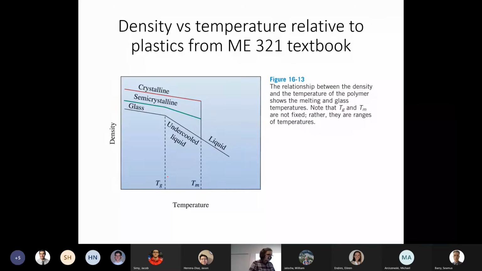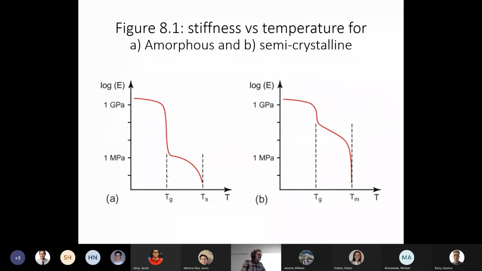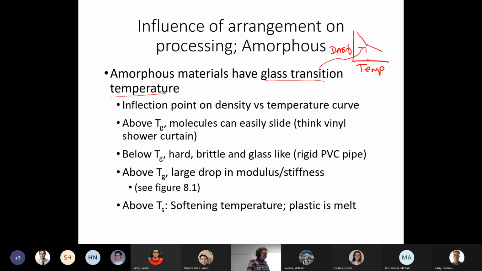Here, if we look at stiffness versus temperature, we also see a large drop in stiffness at the glass transition temperature. And then we also have what we call a processing temperature, which is the softening temperature.